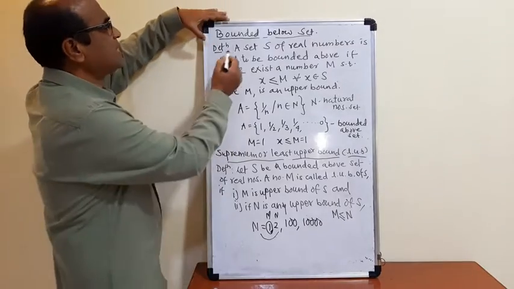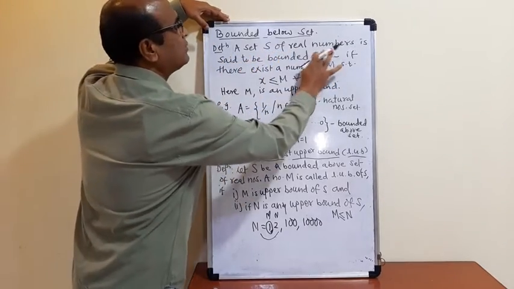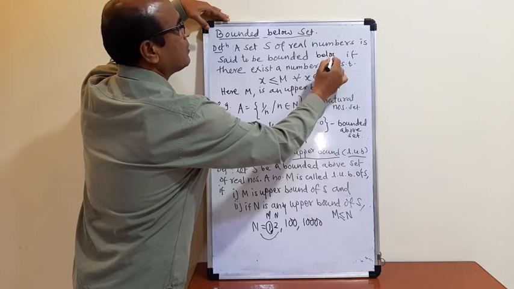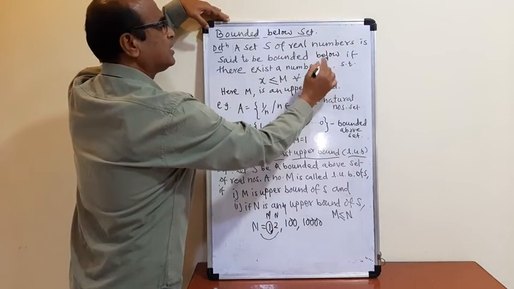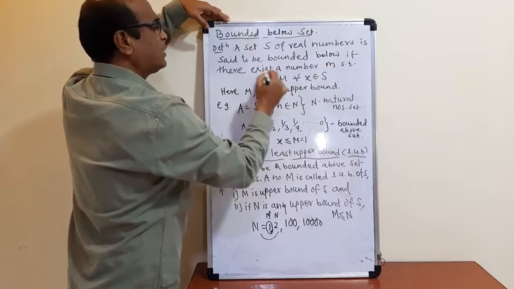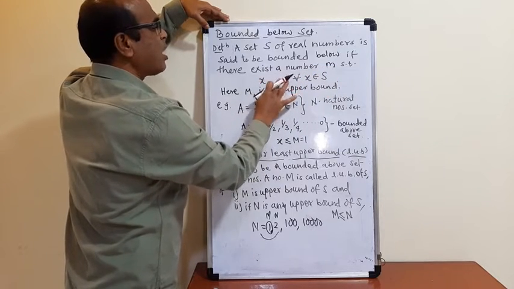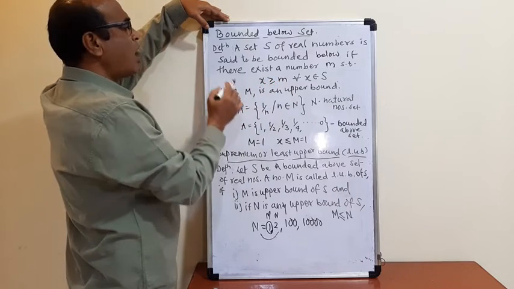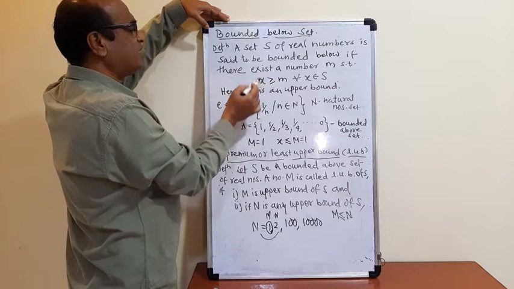Definition: a set S of real numbers is said to be bounded below if there exists a number m such that all elements of that set are greater than or equal to m.